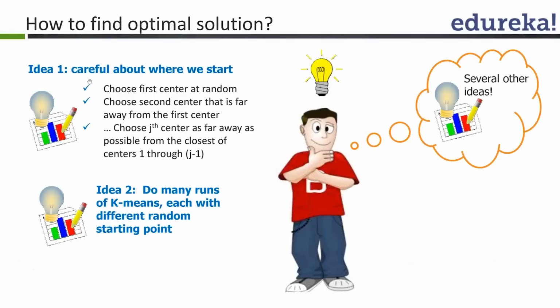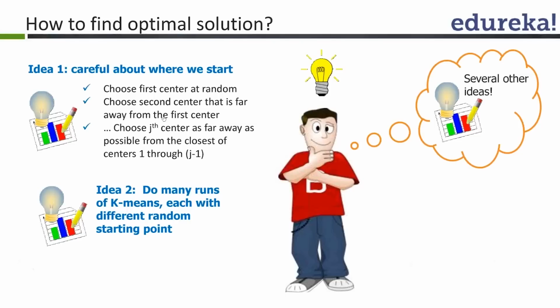Instead of choosing randomly, I choose one particular method. I choose the first center at random, not all k centers, but the first center at random, and then choose the second center that is as far away as possible, and then similarly choose the third center that is farther than these two.